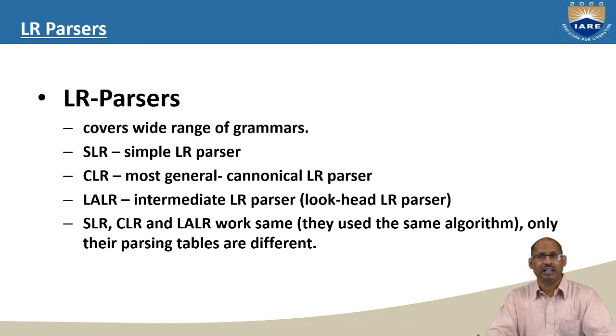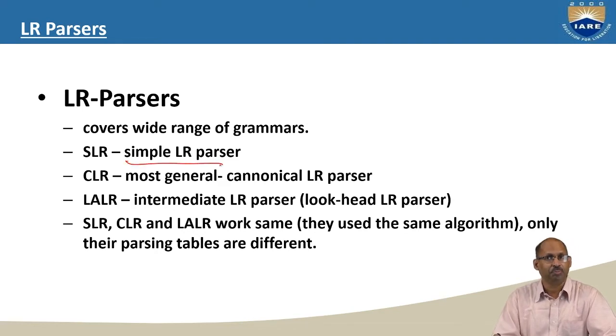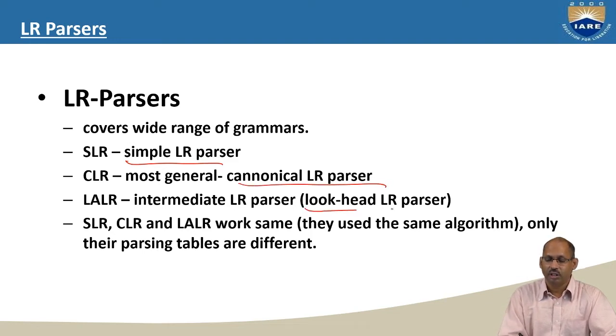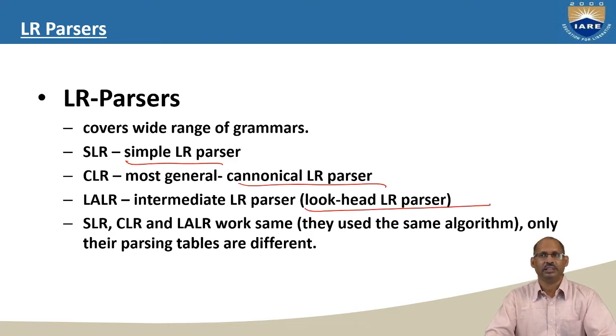The LR parsers are divided into three forms: simple LR (SLR), canonical LR, and lookahead LR parsers. These three work the same way; only the parsing tables are different.